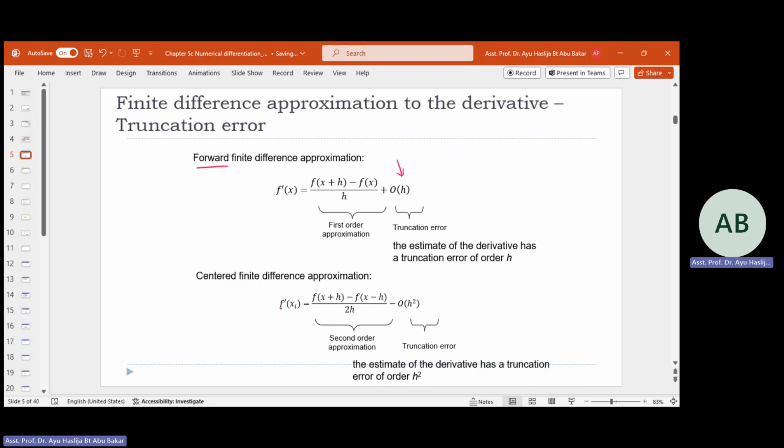If centered, it will involve O(h squared). Why? Because centered involves 2h. Usually this one will be the first order, and O(h squared) usually the second order. Okay, the term.